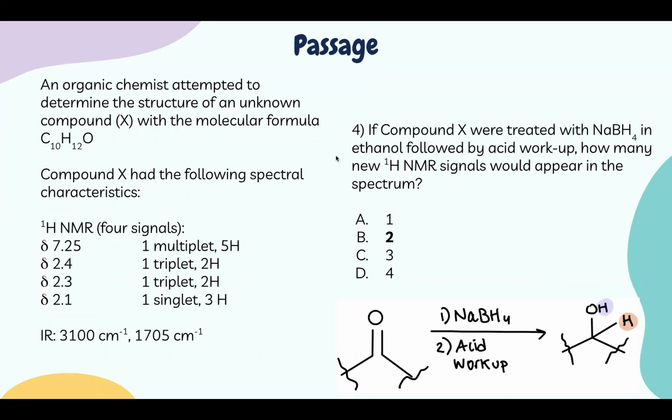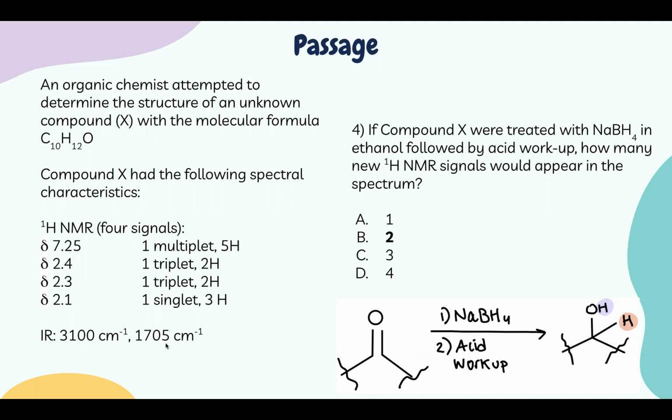Question 2 was the one that I modified, and that was hinting towards a ketone group. So you would use the IR spectrum. An important value that you have to have memorized is 1705 centimeters to the -1.